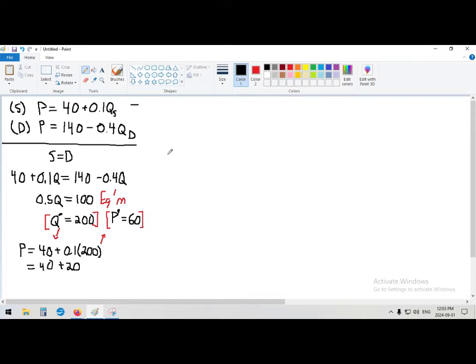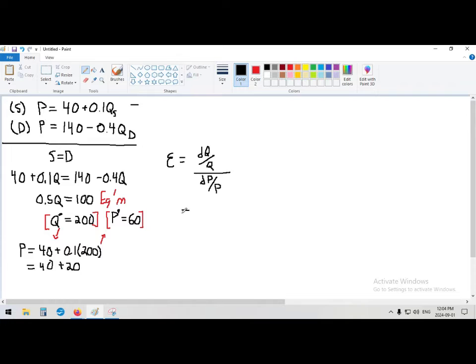If we go to our standard elasticity equation, our elasticity is the change in quantity divided by quantity, divided by the change in price divided by the price.